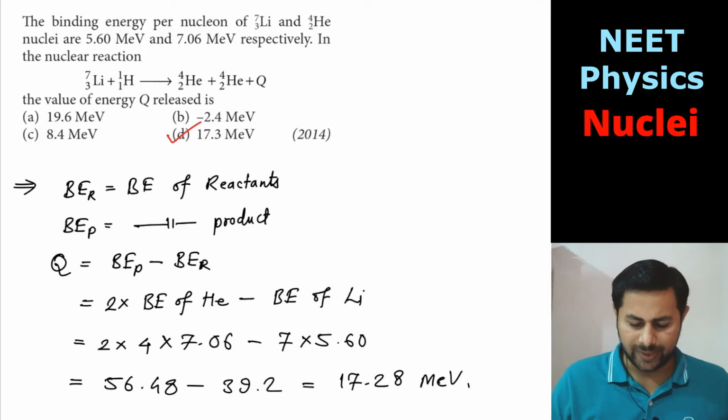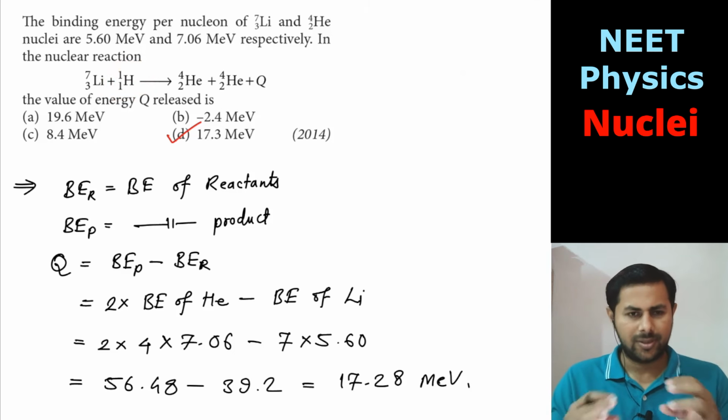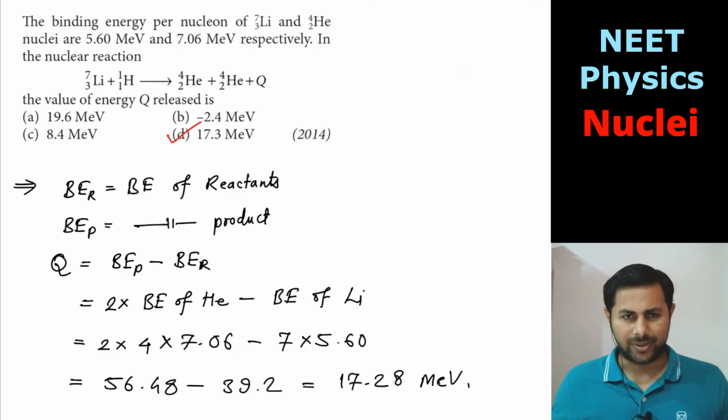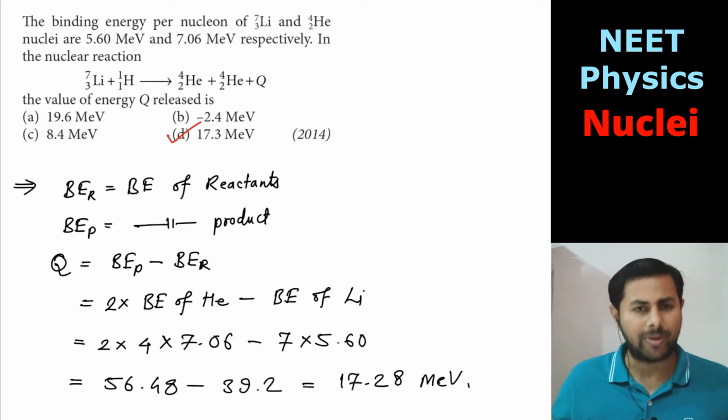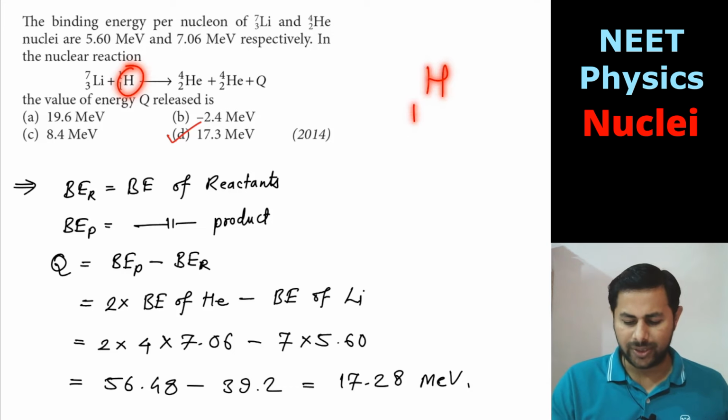So what I'm saying is, what is binding energy? The energy required to free the nucleons from a nucleus. You want to separate protons and neutrons, and whatever amount of energy is required for that process is known as binding energy. Now what's there in the case of the hydrogen nucleus?